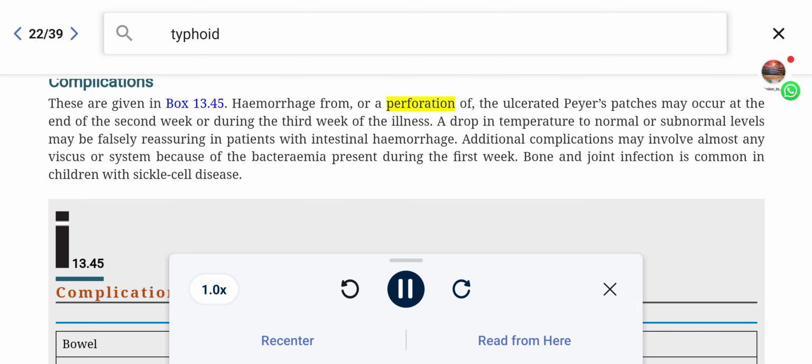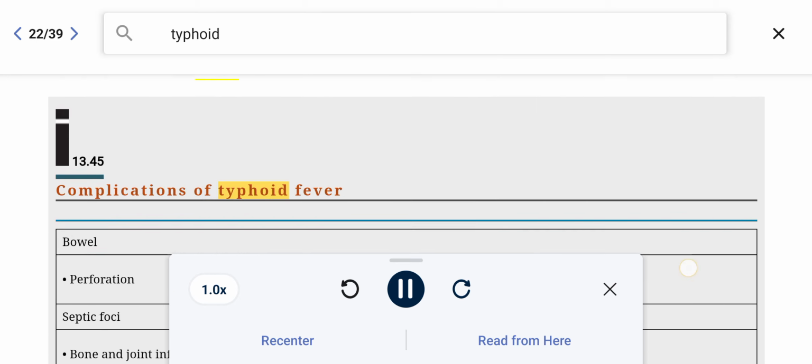Hemorrhage from, or a perforation of, the ulcerated Peyer's patches may occur at the end of the second week or during the third week of the illness. A drop in temperature to normal or subnormal levels may be falsely reassuring in patients with intestinal hemorrhage. Additional complications may involve almost any viscus or system because of the bacteremia present during the first week. Bone and joint infection is common in children with sickle cell disease.